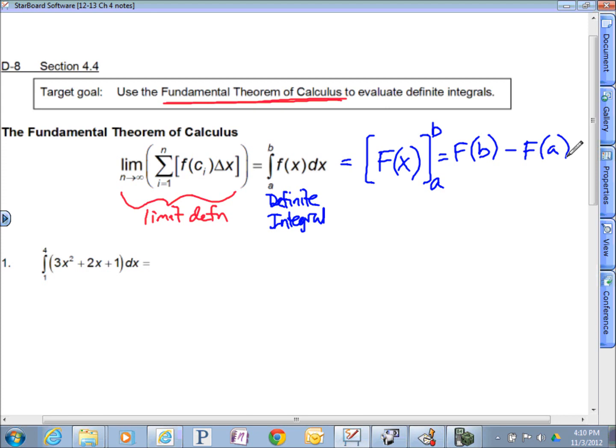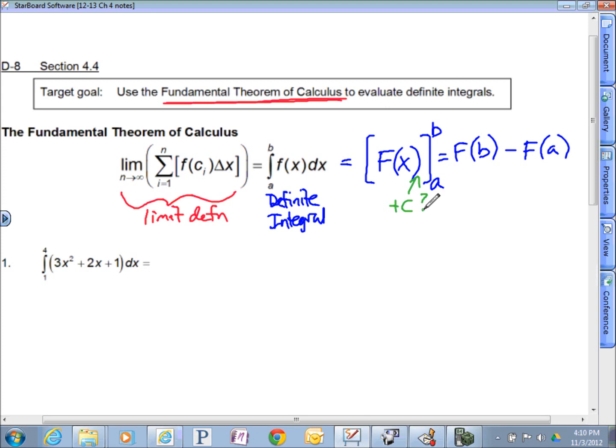You have a question. I bet your question is, where's C? What happened to it? Mr. Perkins, we did our antiderivative. Shouldn't I have had a little plus C in there someplace? Well, let's dispel that myth right now.